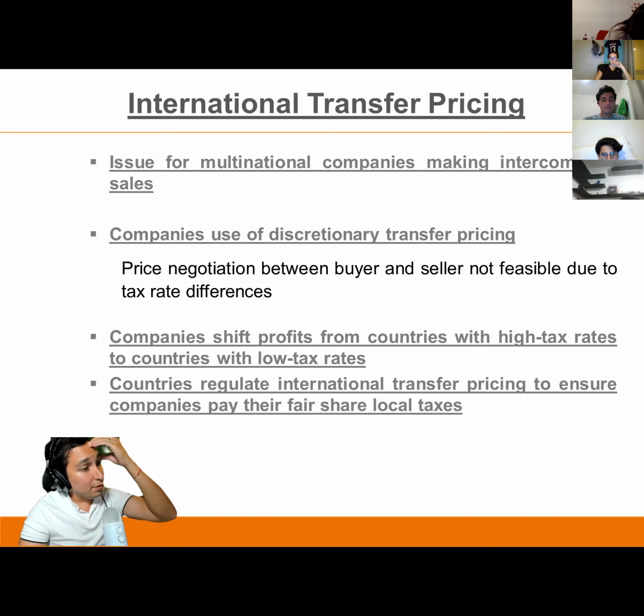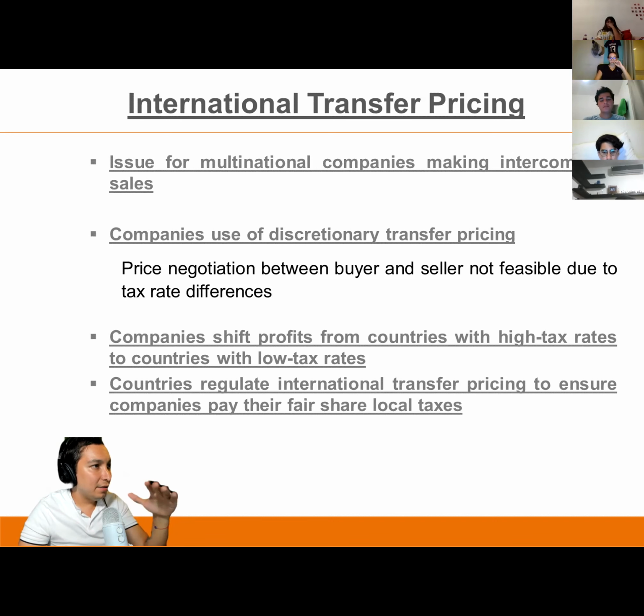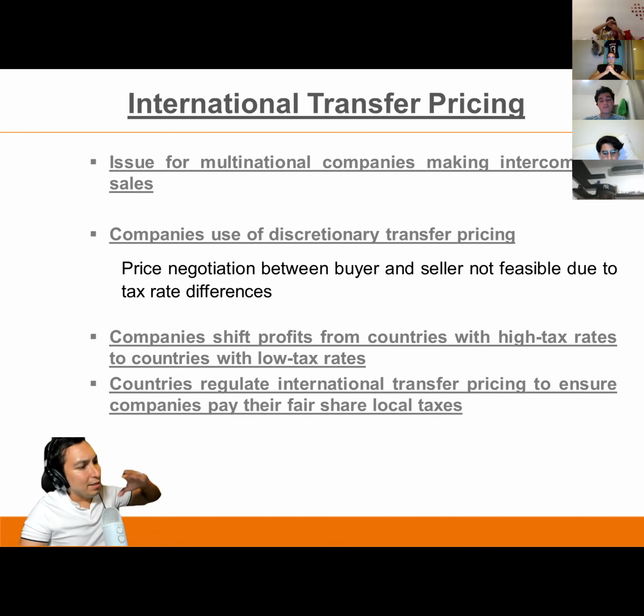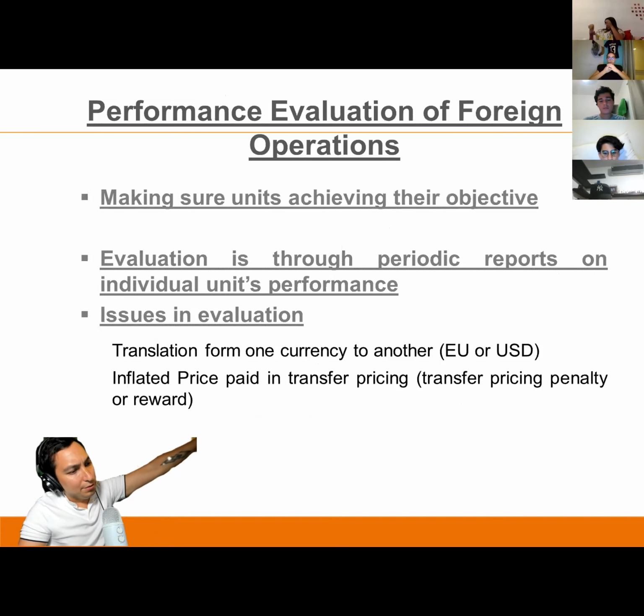Okay, but obviously, as you saw, the company shifts profits from countries with high tax rates to countries with low tax rates. Same principle as in tax paradises. So countries regulate international transfer pricing to ensure companies pay their fair share of local taxes. That's the whole idea of transfer pricing, to pay their fair share of local taxes and not take all the economic benefits to another country.